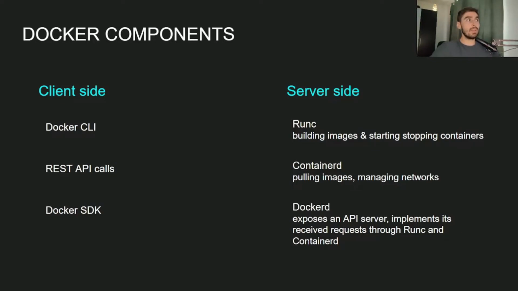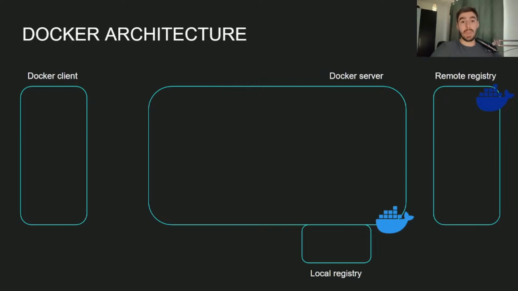So basically the client side of things talks to the API of dockerd, and it's actually dockerd that implements both of these, runc and containerd. So you can imagine them like a pyramid with dockerd on top, and behind it's runc or containerd. And this is going to get clearer as we move on through the slides, because here we have an architectural diagram, which will give you a lot more insight.